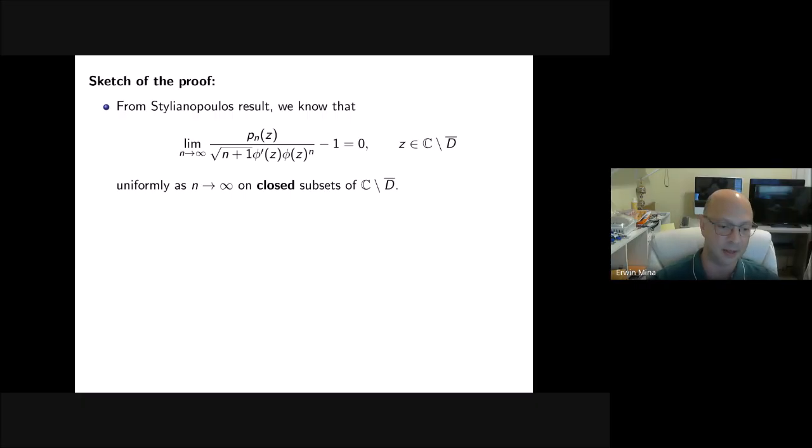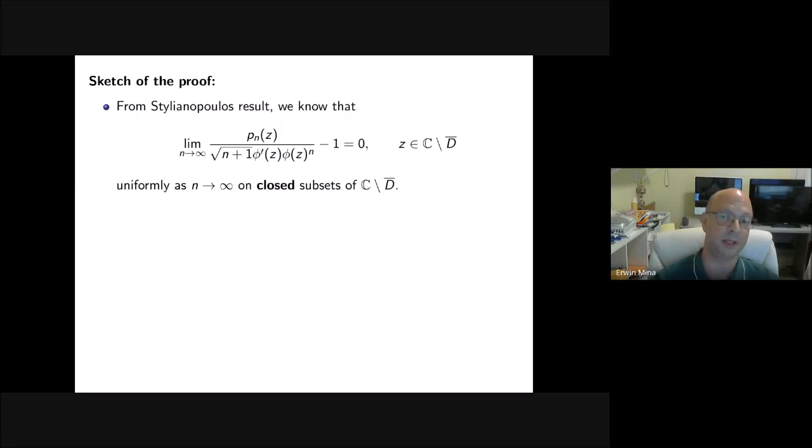For instance, you have recurrence relations in both cases. In many instances, you also have differential equations. Plus, in the case of the real line as well as the circle, you have strong symmetry. So you have many tools to deduce results about the zeros and about asymptotics.